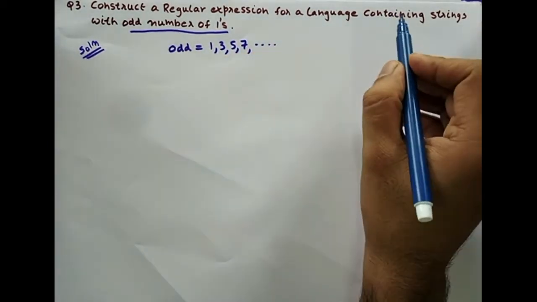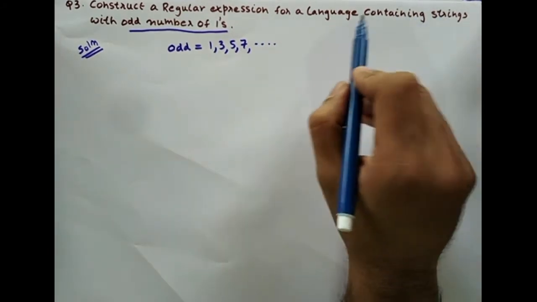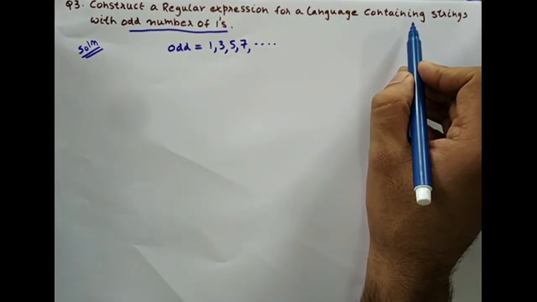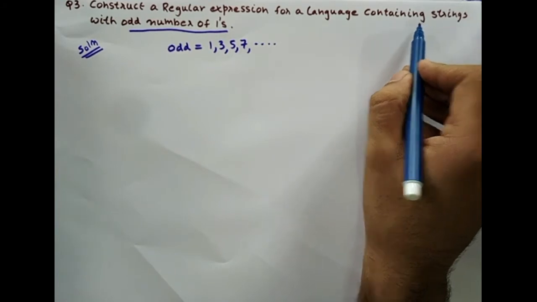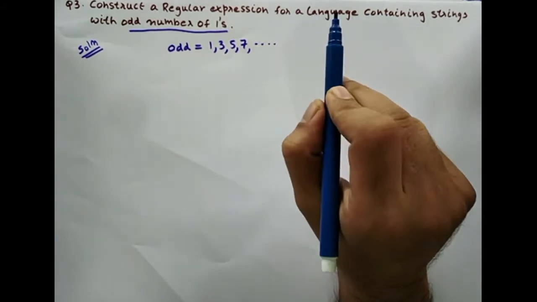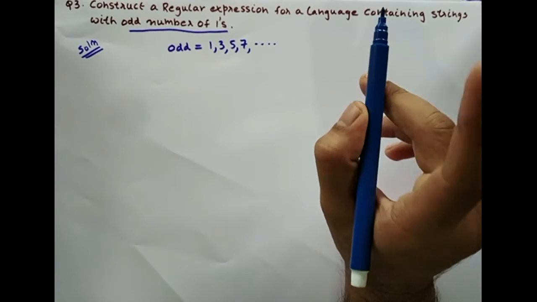The strings of the language will be binary strings of zeros and ones. The constraint is that the number of ones in the string should be odd.